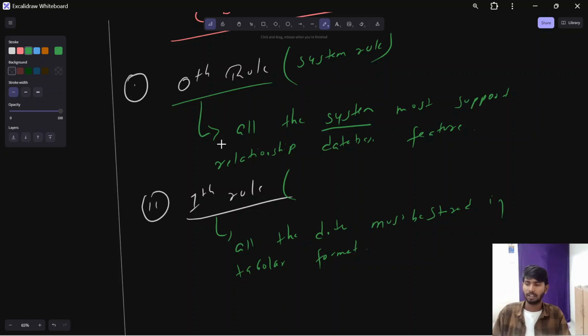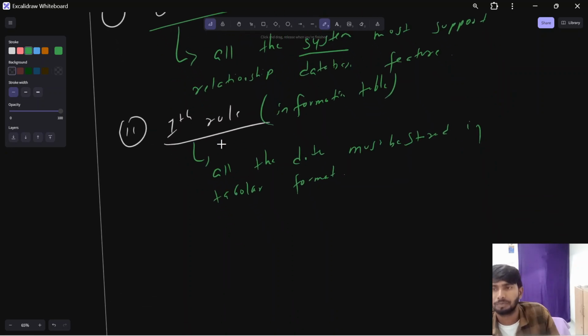We can say information table. Maybe you can check once. Information table. Okay. Now we have the second rule also.